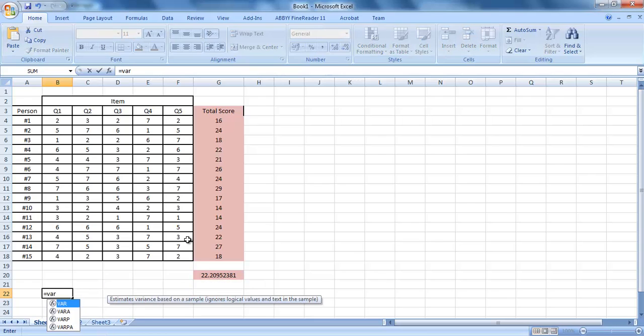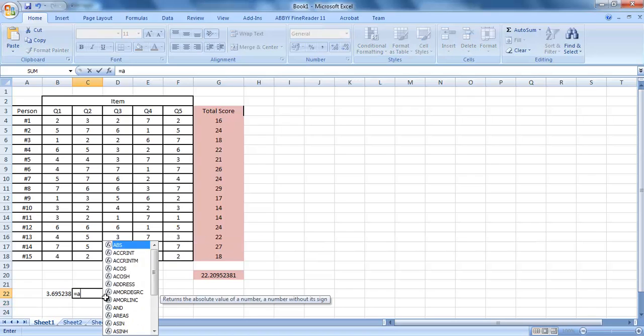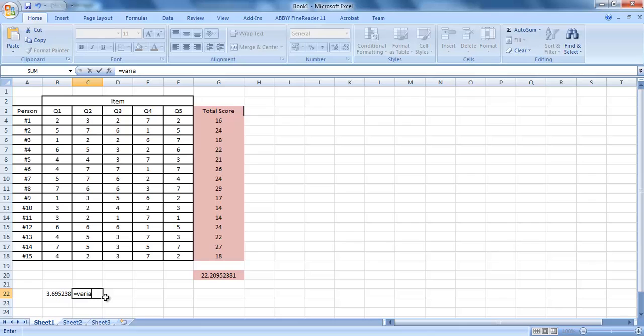So the sample variance of item number 1. Next, the sample variance of question number 2 or item number 2.